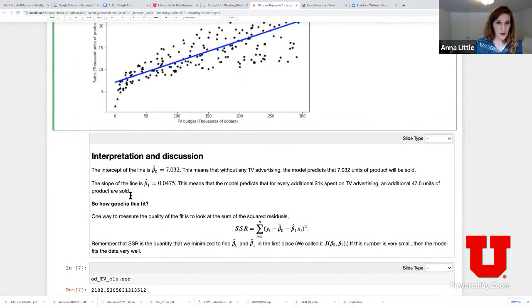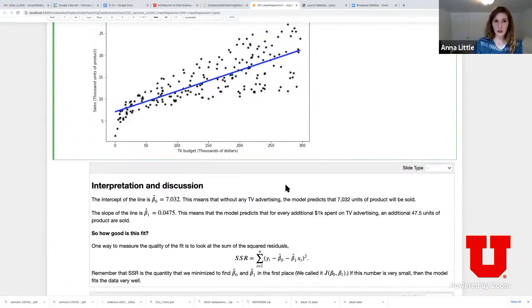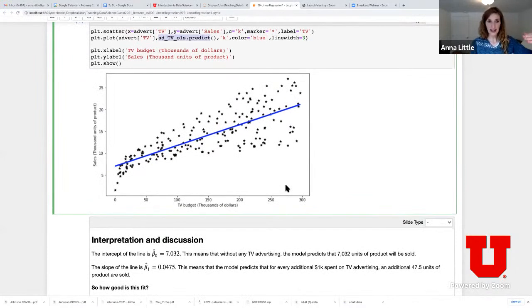Okay, so we see that the intercept of the line is 7.03. And so what does that mean? How should we interpret these numbers? Can't you just plot the equation? Well, you can, yeah, but you would have to just define x values and associated y values and then plot those.